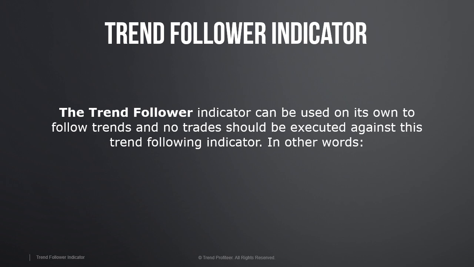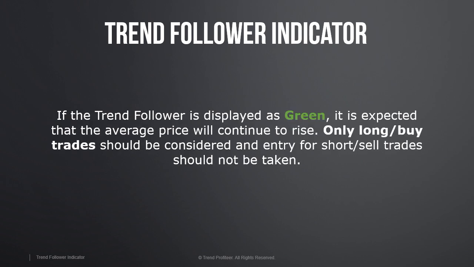The Trend Follower indicator can be used on its own, as I mentioned before, to follow trends, and no trades should be executed against this trend following indicator. In other words, if the Trend Follower is displayed as green, it is expected that the average price will continue to rise.